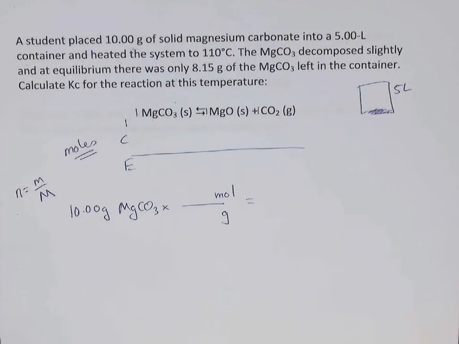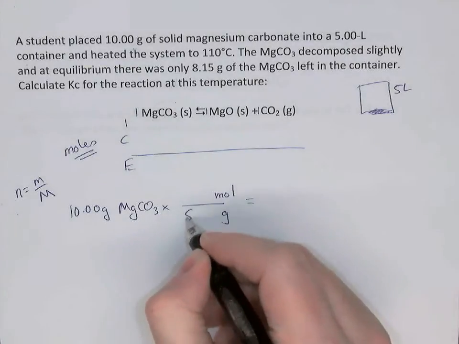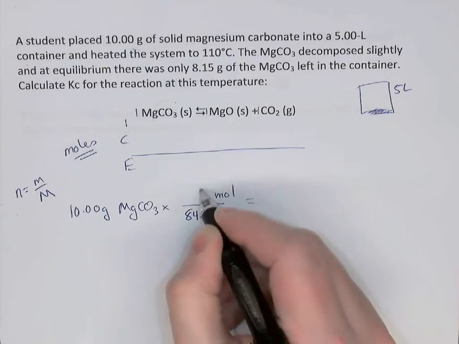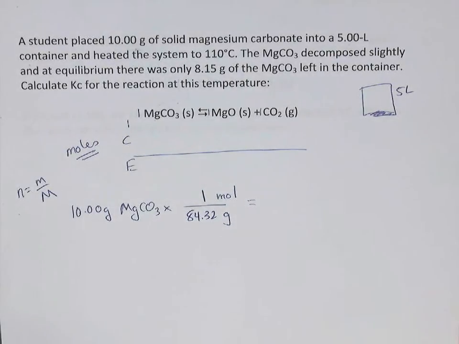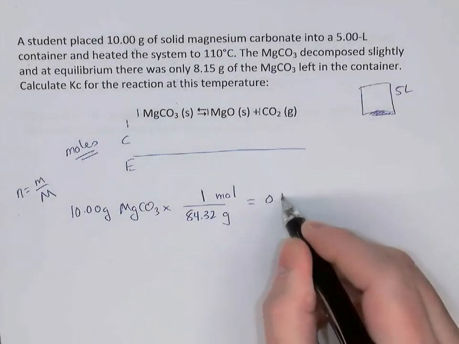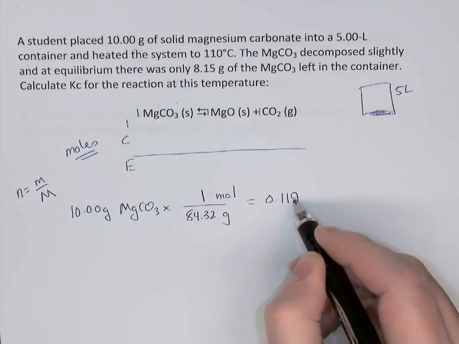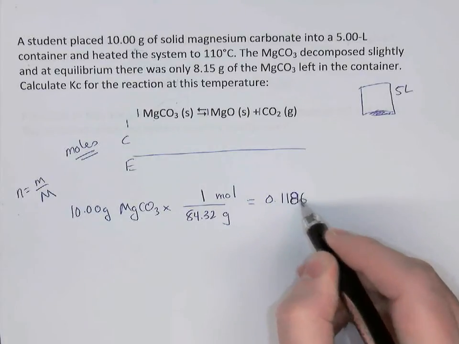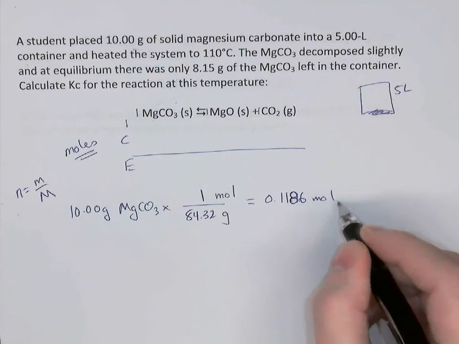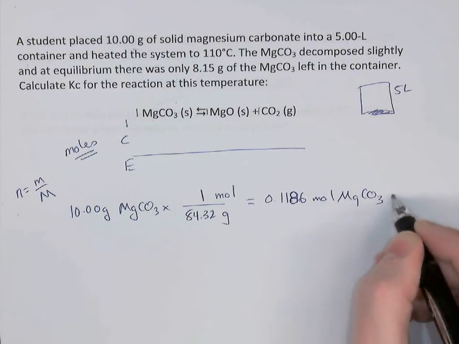Magnesium carbonate's molar mass: 24.31 for magnesium, 12.01 for carbon, and 3 times 16 for the oxygens, 84.32 grams per mole. So 10 grams divided by 84.32 is 0.119, or I guess 0.1186 would be the correct number of sig figs, moles of magnesium carbonate initially.